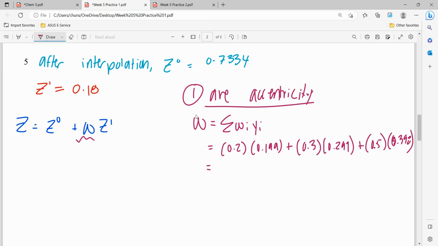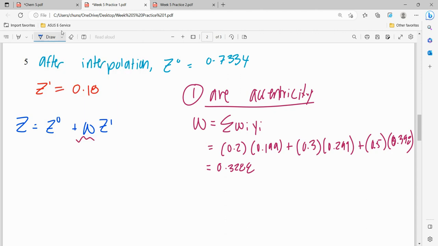And this has no units as well, so this is 0.2 times 0.199 plus 0.3 times 0.299 plus 0.5 times 0.398. And this gives us 0.3285. So that's what we're going to use to find our Z.